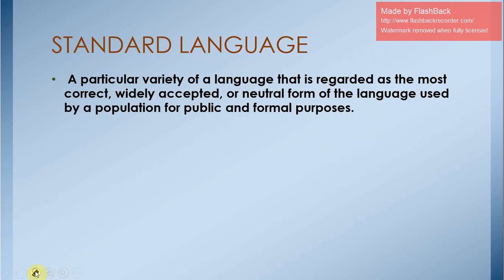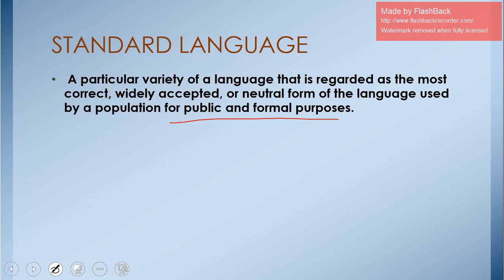Then we have a particular variety of the language. The definition: a particular variety of the language that is regarded as the most correct, widely accepted, or neutral form of the language, used by the population for public and formal purposes.